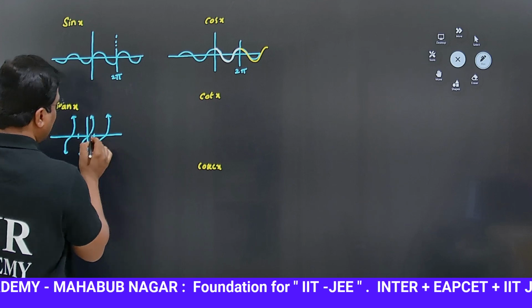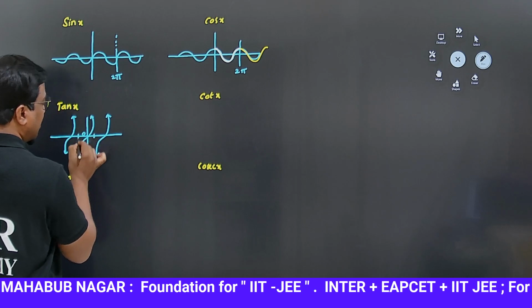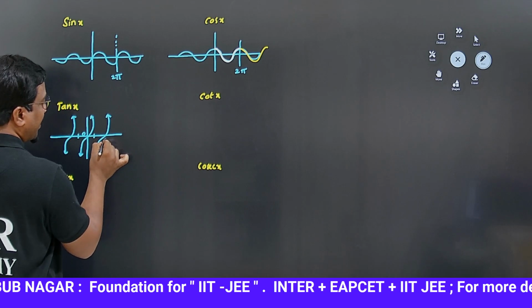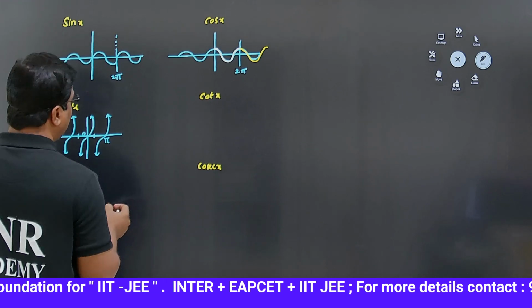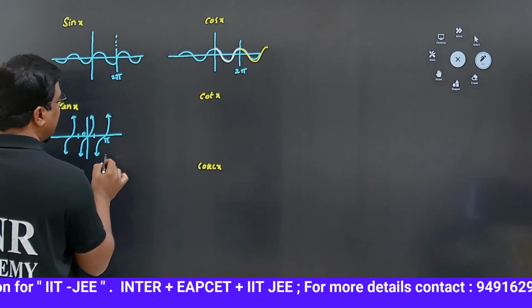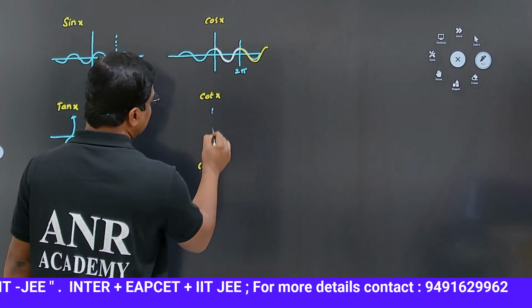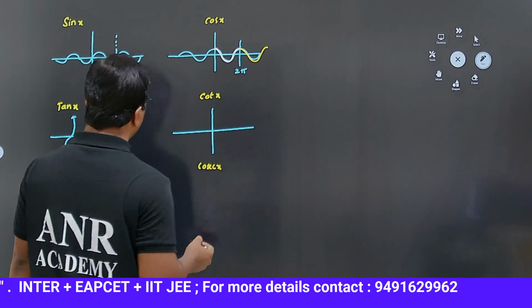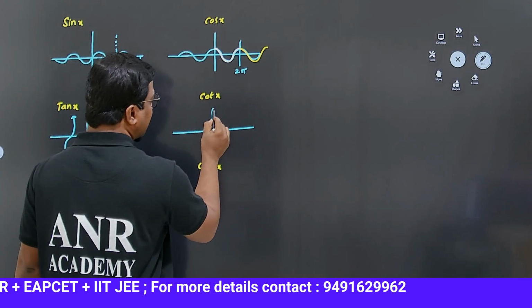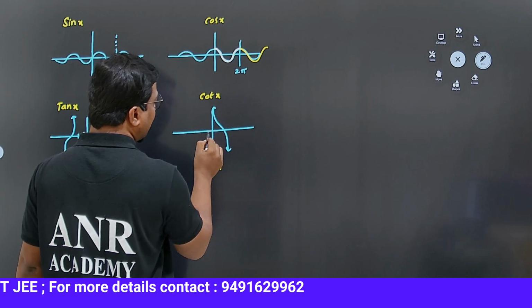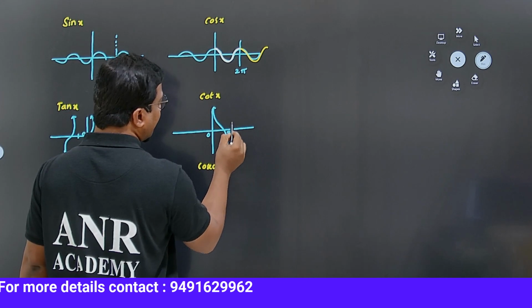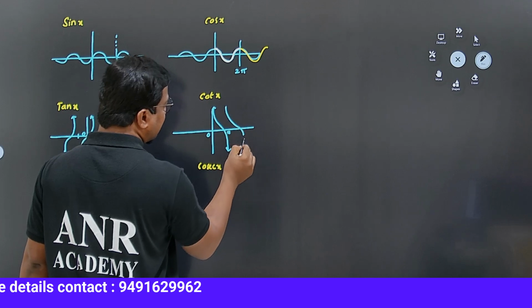Here the graph which is at origin, the same graph repeats clearly at pi, so the period of the function is pi in this case. Next, the graph of cot x. You know the graph of cot x is strictly decreasing in the interval 0 to pi. The same graph repeats.